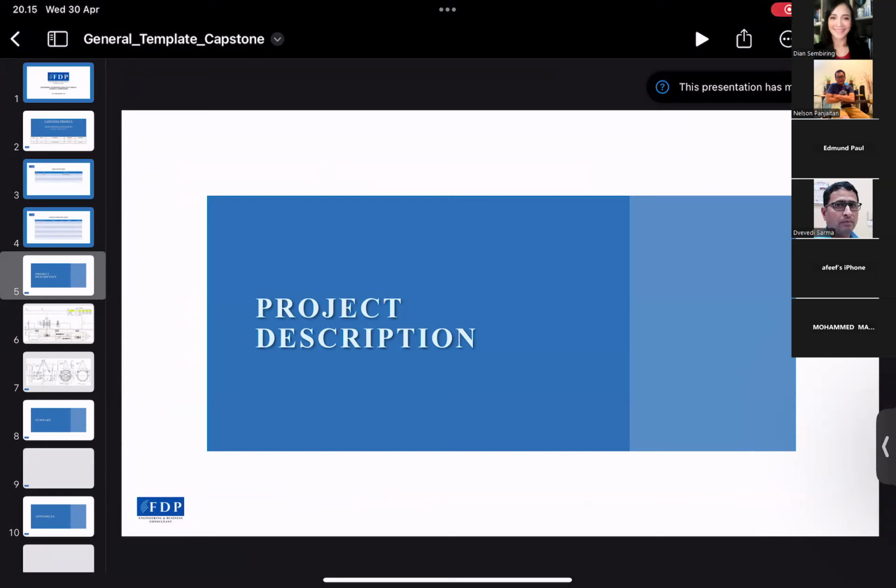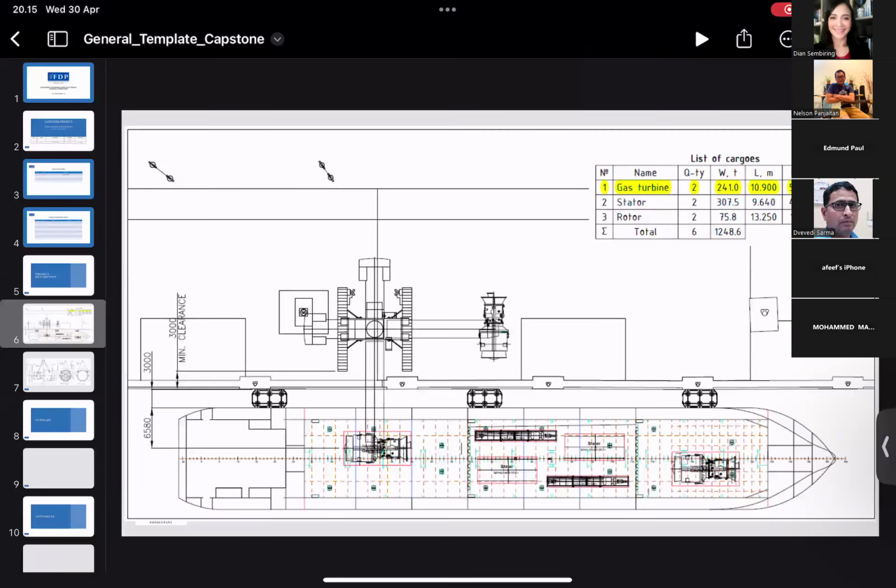We are trying to build two-way communication between us and the participants, not to teach, but to have an open discussion with the participants. So this is the project we have.